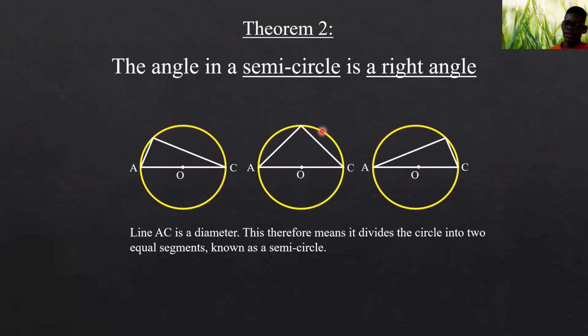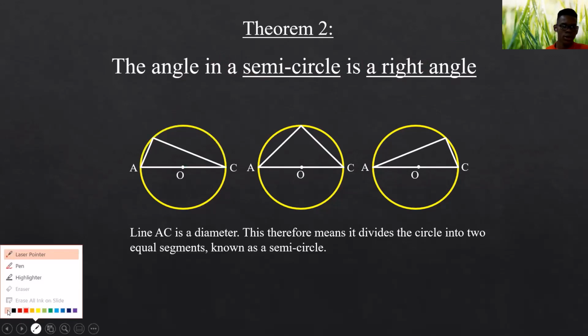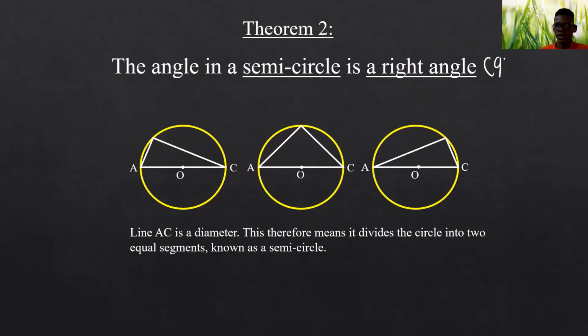So our second theorem is the angle in a semicircle is a right angle, meaning that it's a 90-degree angle, right? Let me just put that in brackets here, 90 degrees. So the angle in a semicircle is a 90-degree angle.